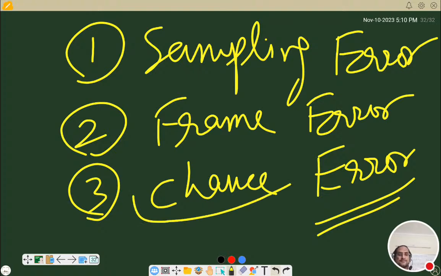Chance error is an error which is happening, as the name itself suggests, as a chance.